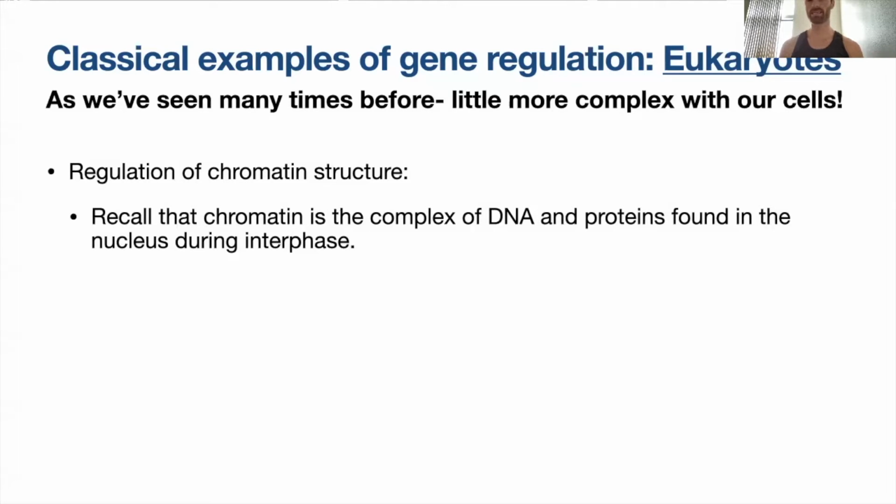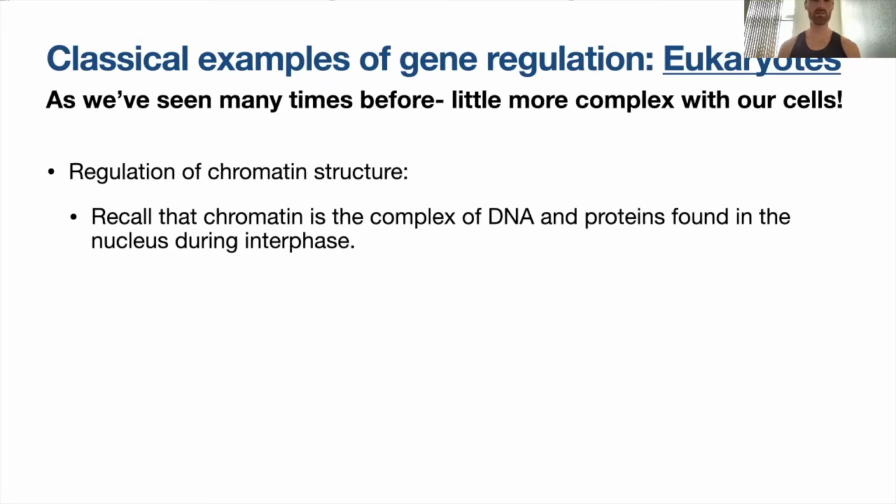Regulation of chromatin structure. This is the heart of epigenetics. I want you to recall what chromatin is. During interphase, remember, this is the cell cycle G1, S, G2 before mitosis, interphase is when our DNA and these proteins called histones form this complex that looks like spaghetti.